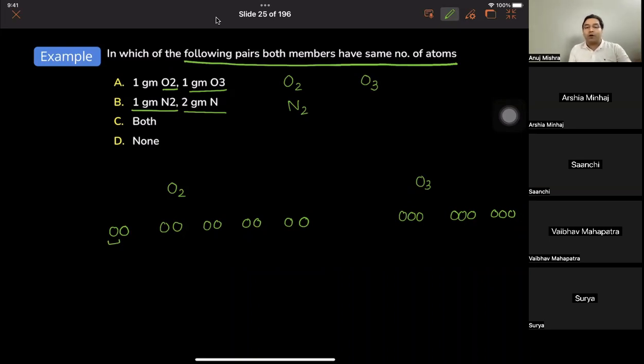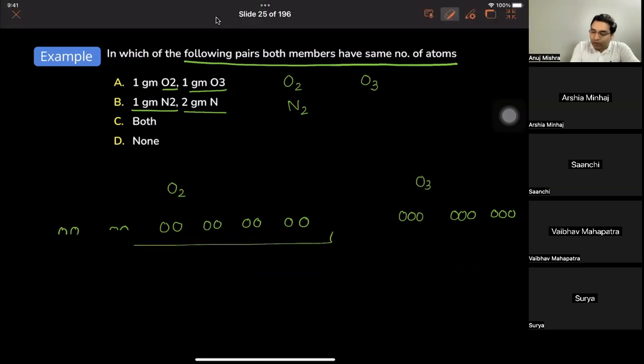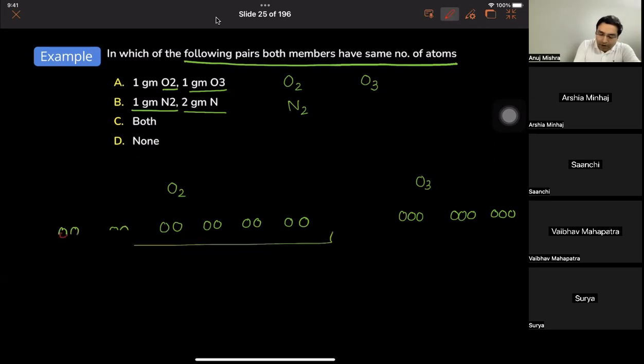I'll give one example to make this whole thing very clear. Let's say we have O's written here. How many O's have we written? Let's say 4 and 3, so you can remove one just to make your job easier. Look at this. So I'm writing, these are O's.